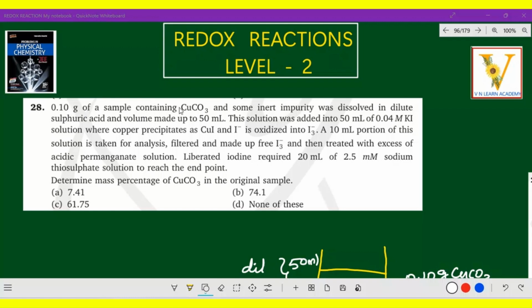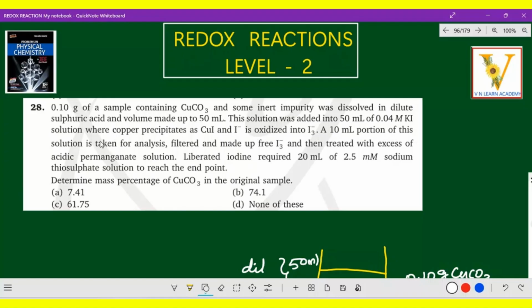0.10 gram of a sample containing copper carbonate and some inert impurity was dissolved in dilute sulfuric acid and the volume made up to 50 ml. The solution was added to 50 ml of 0.04 M potassium iodide, where copper precipitates as copper iodide and I minus is oxidized into I3 minus.